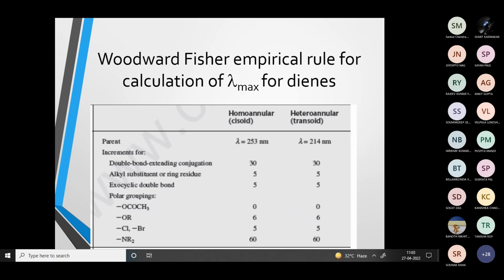Today we will discuss the last topic of your UV-visible spectroscopy, that is, the Woodward and Fieser empirical rule for calculation of lambda max. Already I told you that lambda max is the specific spectroscopic observation of a particular compound, very important at a particular position and concentration.